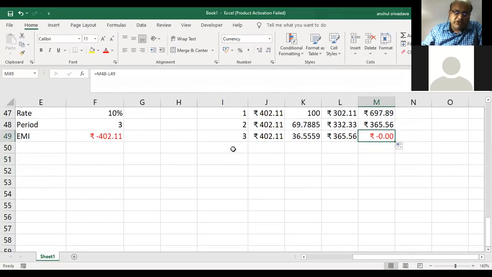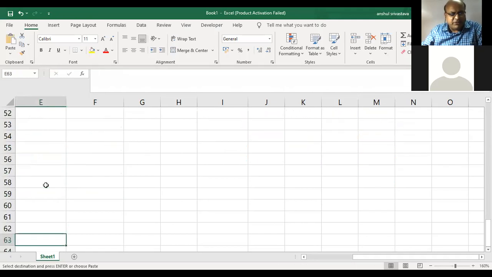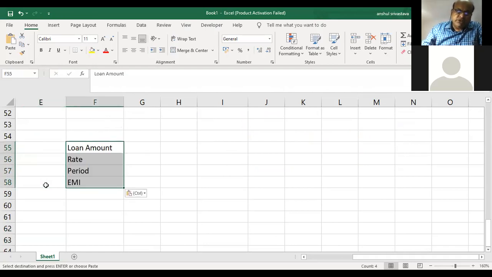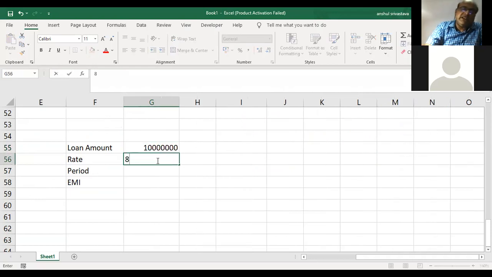Again, same thing, loan amount, and first let's calculate the EMI. The rest of the things we'll do later. We'll again have to make an amortization schedule for Bala. So see this, loan amount in this case is 1 crore. Rate is 8%. Initial rate is 8%.